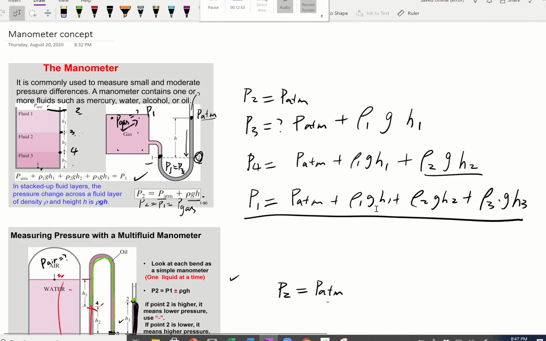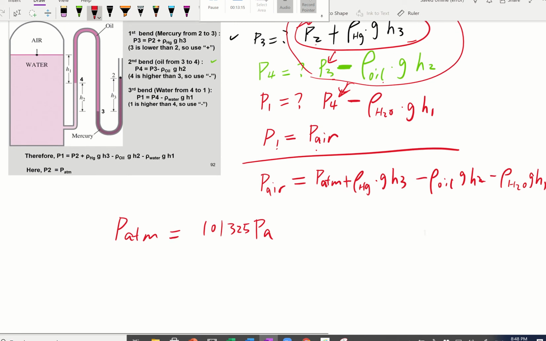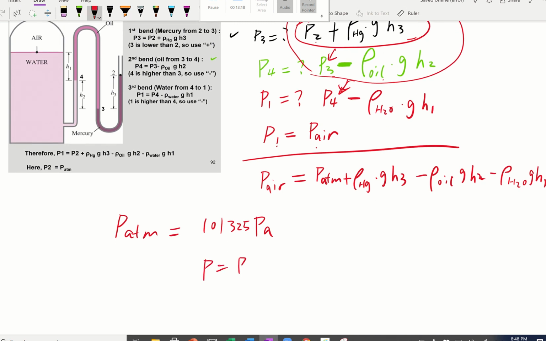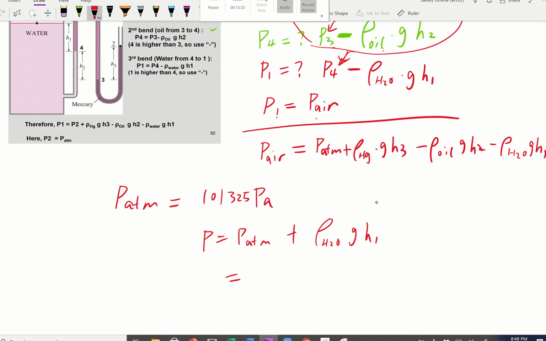All right, and the very last thing I wanted to talk about is the unit. If we are using Pascal for atmosphere pressure, we know it's 101325 Pascal. Now, if I'm going to find some other pressure, for example, atmosphere pressure plus rho water g H1, this is just a hypothetical question, I want to work on the unit here.